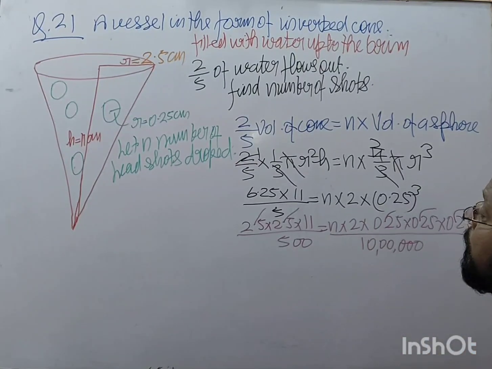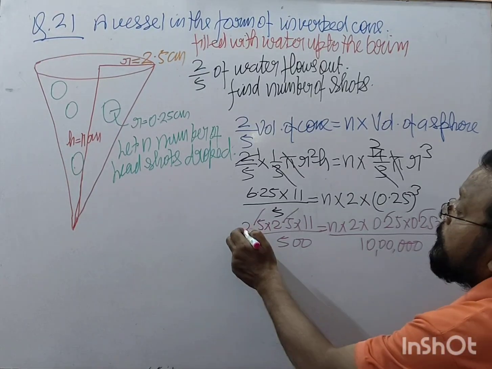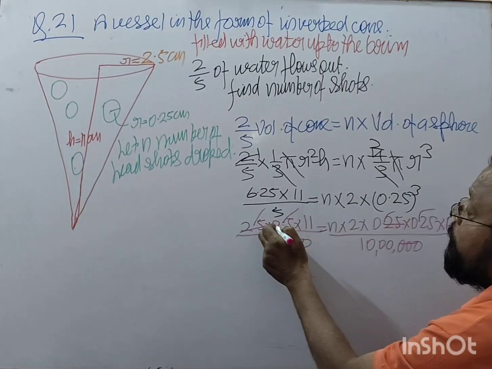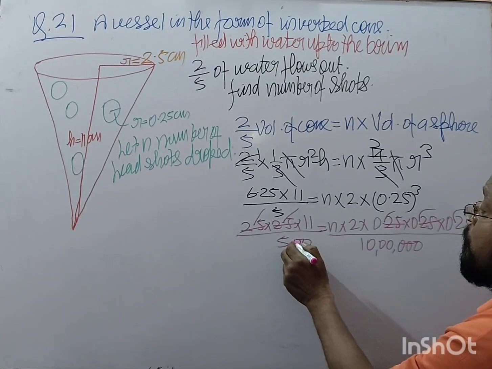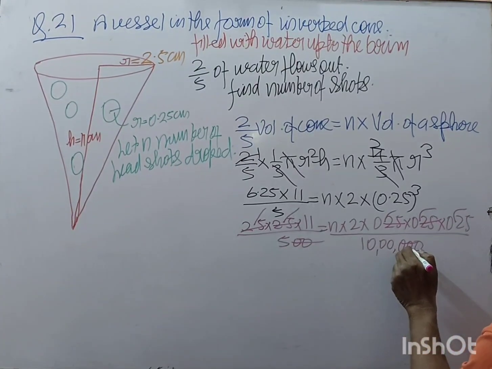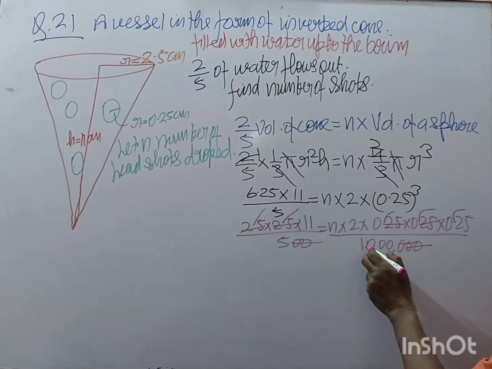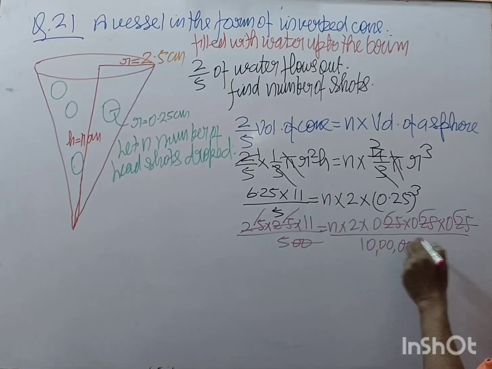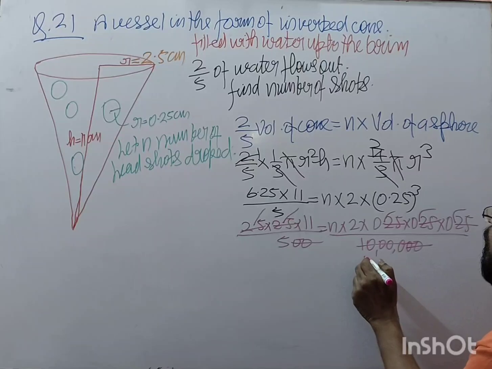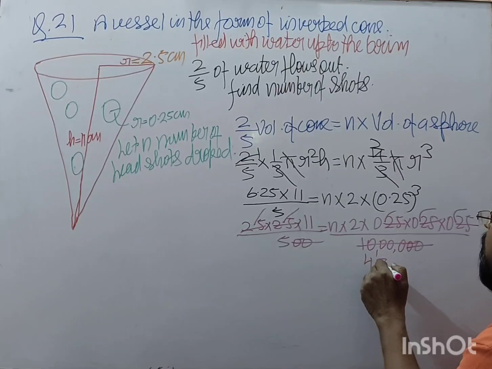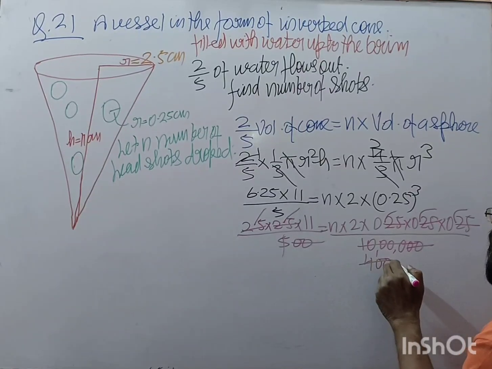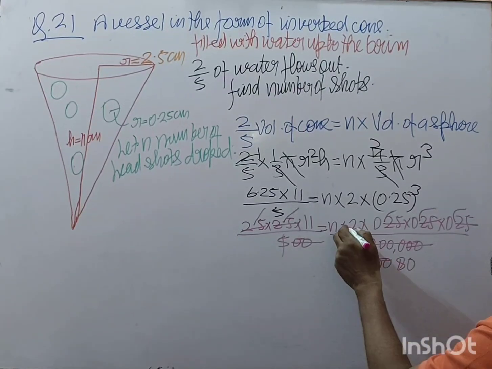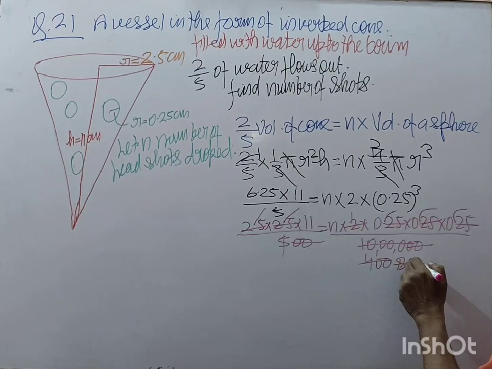This 25 and 25 cancel out, and the two zeros cancel out. 25 becomes answer 400, it becomes 80, 80 into 2 becomes 40.